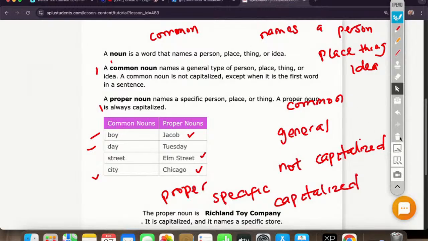Give me some examples of proper and common nouns now on the chat. Let's see your ideas. Share some proper nouns and common nouns that you know.